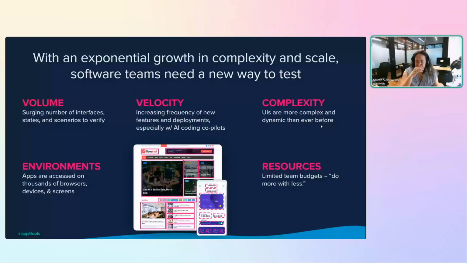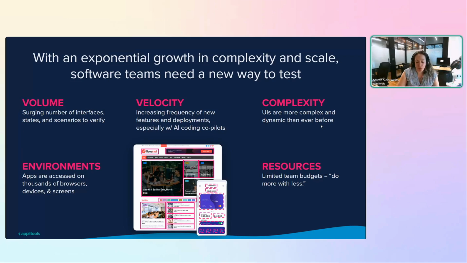First and foremost, a quick recap. With the exponential growth in complexity and scale, teams just need to reinvent themselves. We need to support more and more pages, release cycles are becoming more and more frequent, and the complexity of the scenarios and dynamic flows is becoming more and more complex over time.